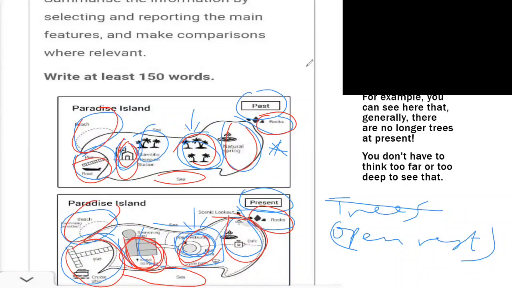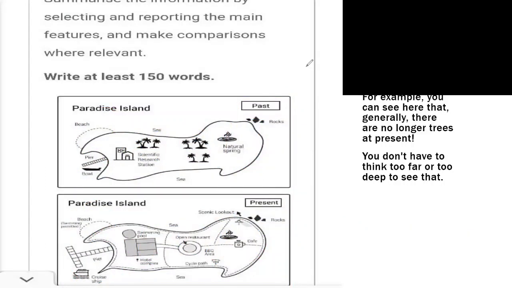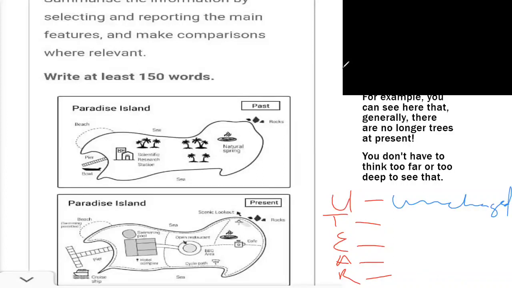But if I clear all this now, to make it more systematic for you, remember I was trying to get out the tier for you the other time, so that you can know what to look out for. You still remember that. So the U is the unchanged features, and this is the transformed features.